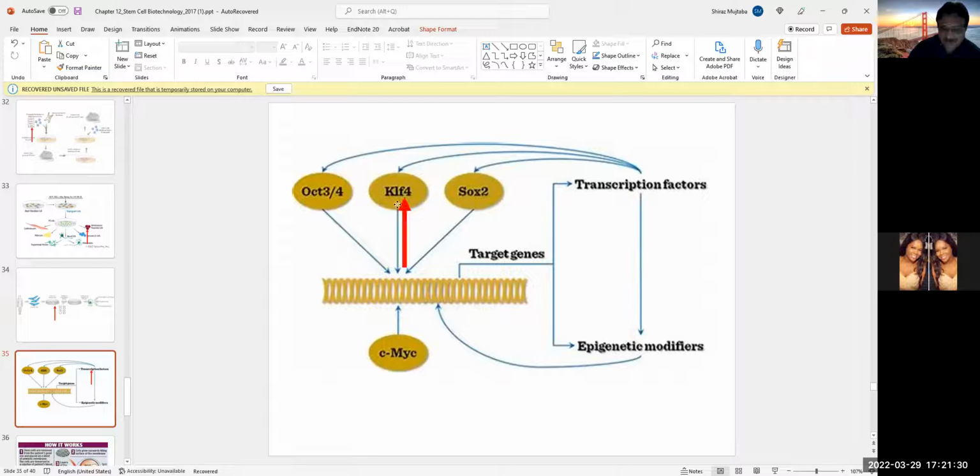So the molecular interaction between these four genes will determine the outcome of the transcription and translation and the cell fate, whether it will develop into pancreas or neuronal cells or skin cells or adipocytes.